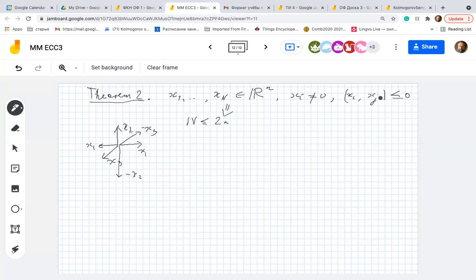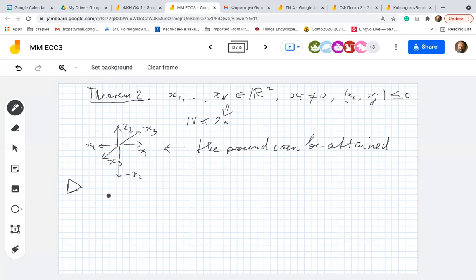So either they are orthogonal or one of them is minus another one, and so the inner product is minus 1. So this picture shows that actually this bound can be attained. And so we do not even state it because it's not interesting, as this is trivial. So we need just to prove the bound.